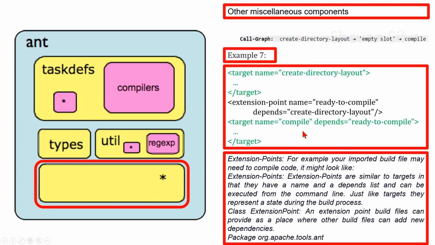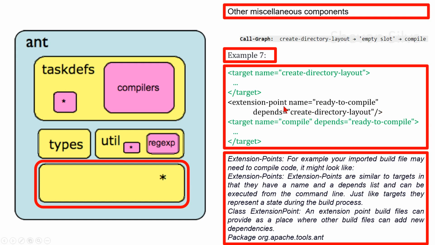Now we are considering extension points. For example, your imported build file may need to compile code. It might look like this. Extension points are similar to targets in that they have a name and depends list and can be executed from the command line.